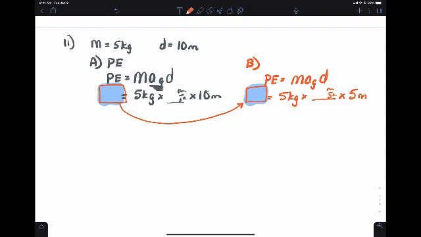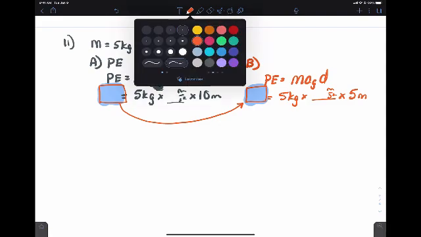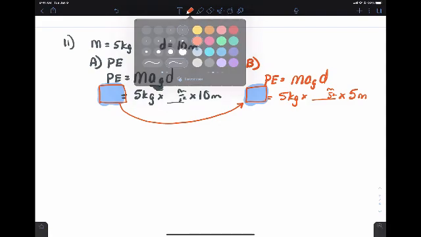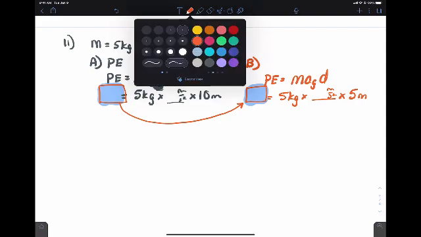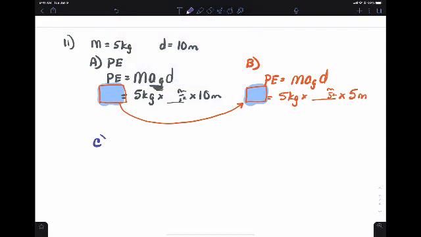Then we have, what kinetic energy does the mass have after it has fallen 5 meters? For part C, if you know what the potential energy is halfway down, you have that value. What happened to the rest of it?